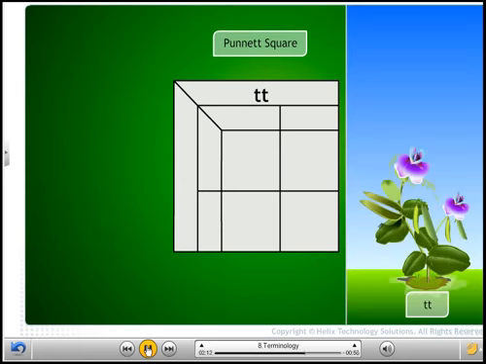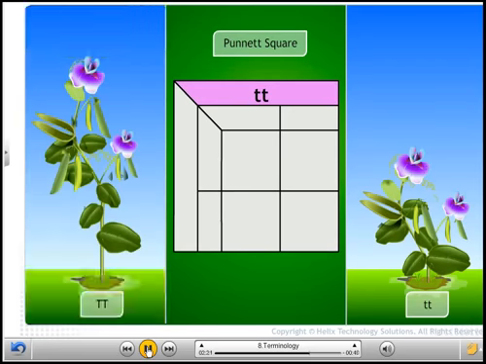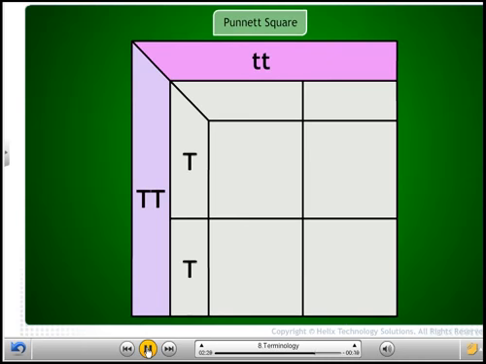Place the genetic combinations of the parents, like parent tt, along the right of a grid, and the other parent Tt along the left of the grid, and the alleles of the gamete, T and t, below the parents.